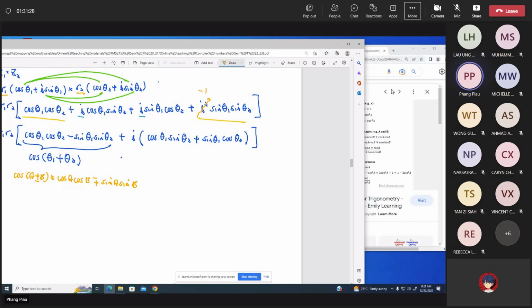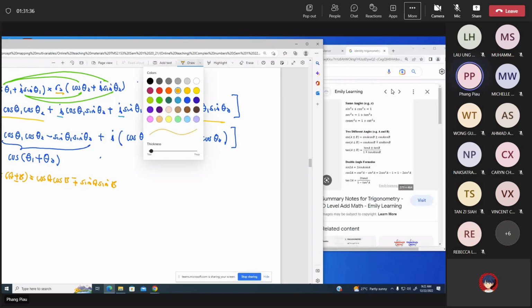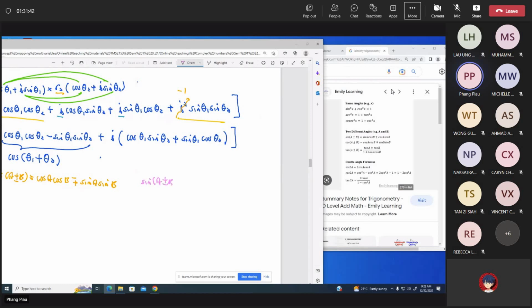Then the second one is very straightforward. We use the first one, sin A cos B. So the second one, we are actually using sin(A plus minus B) is equal to sin A cos B plus minus cos A sin B. The same thing, you have your A and B, so it's the same thing here.